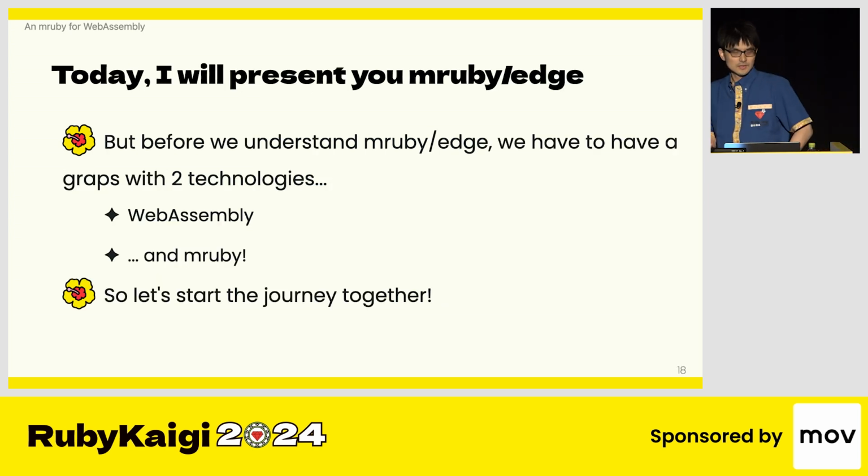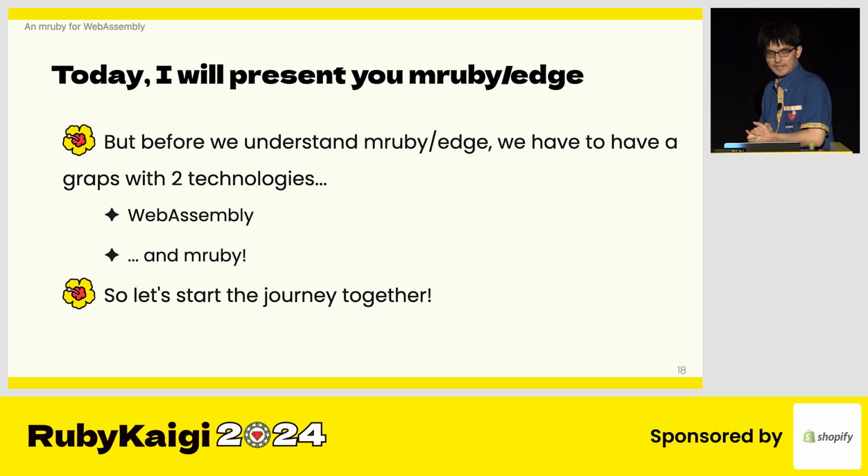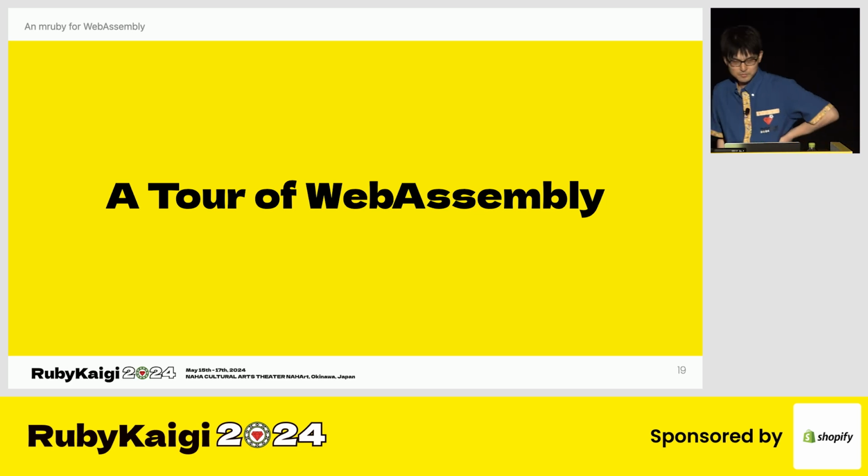Okay, this is mruby Edge, but before we understand this, we have to grasp two technologies. One is WebAssembly, and one is mruby. So let's start the journey together. Vamos.